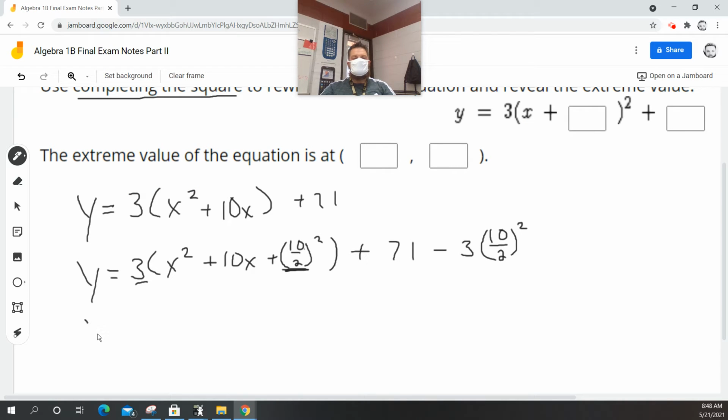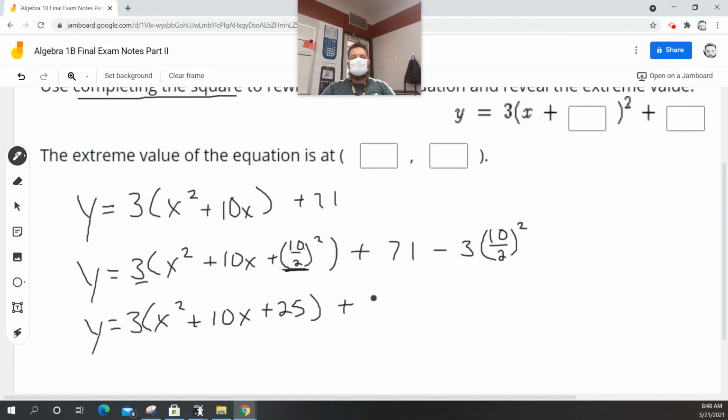So then this becomes y equals 3 times x plus, what is 1/2 of 10? 5. What is 5 squared? 25, right?